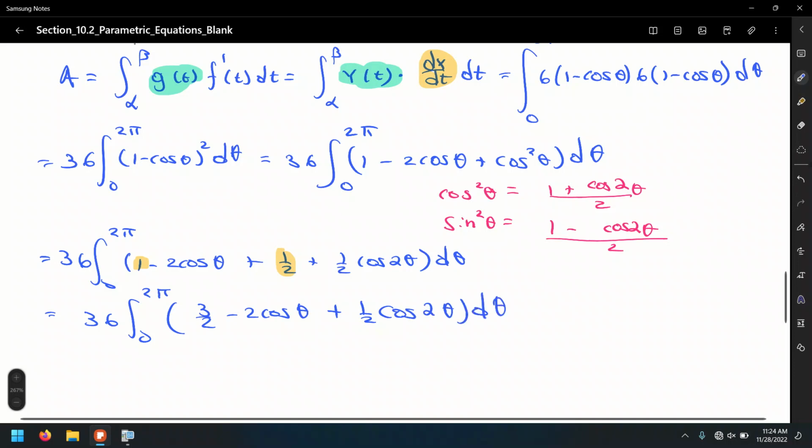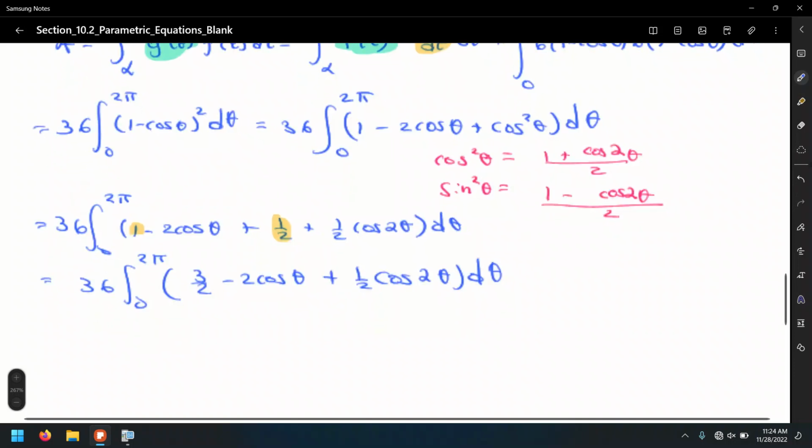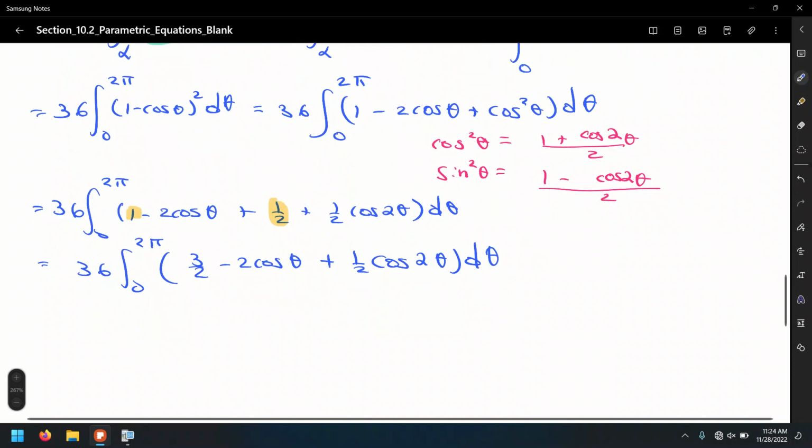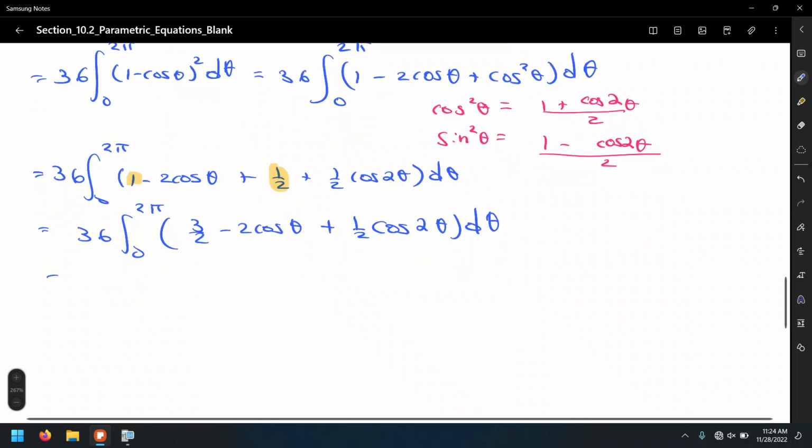And now we have three terms that we can integrate directly. We can integrate 3/2, we can integrate cosine, and we can integrate cosine 2 theta with a mini u sub right here. Even though these three terms look simple to integrate, how about we distribute the 36, so we don't get too complicated with these two factors. I'm going to write this in terms of three integrals. 36 divided by 2 is 18, and 18 multiplied by 3 gives us 54.